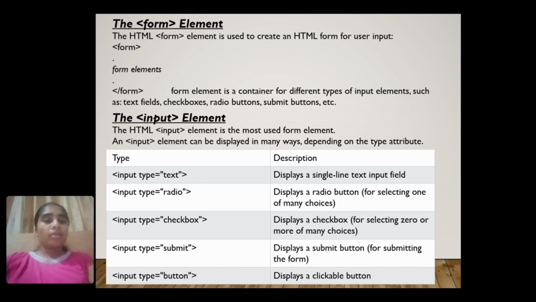Input type equals radio displays a radio button for selecting one of many choices. Input type checkbox displays a checkbox for selecting zero or more of many choices. Input type submit displays a submit button for submitting the form. Input type button displays a clickable button.